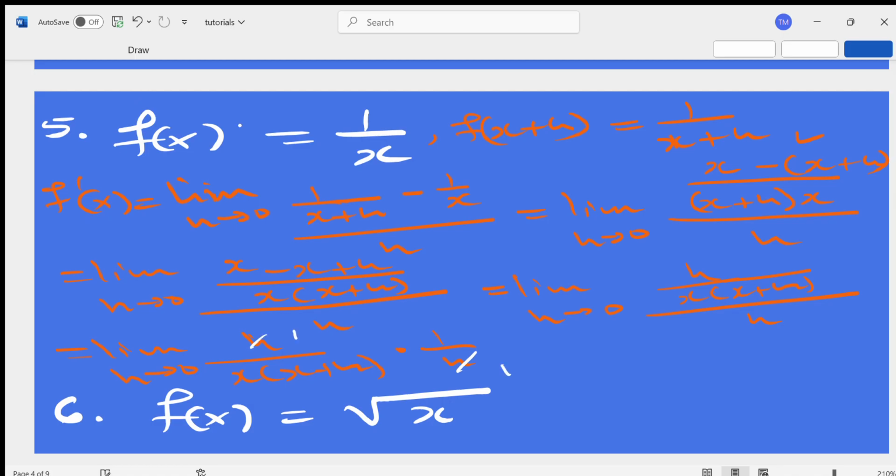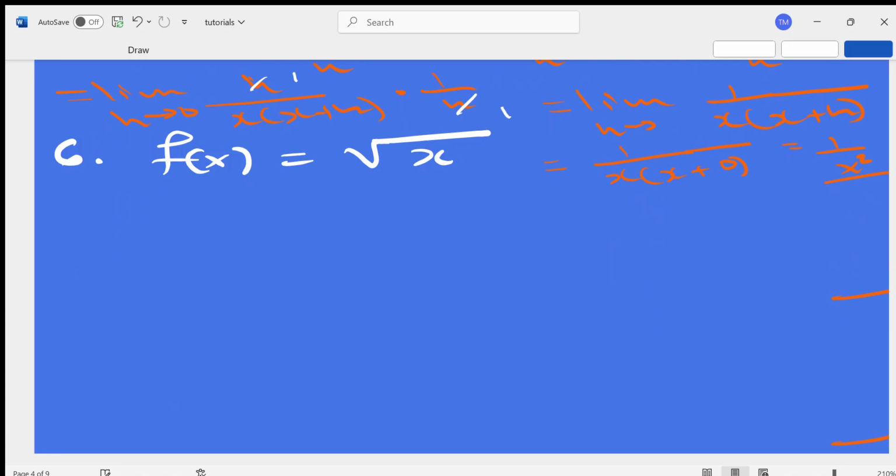Then we are simply going to have the limit as h goes to 0 of 1 over x times x plus h. There's nothing we can do now. We can simply plug in h. Plugging in h, we're going to have 1 over x times x plus 0, which is simply 1 over x squared. That will be your answer.